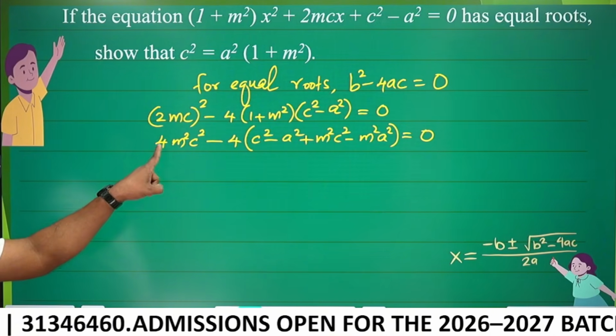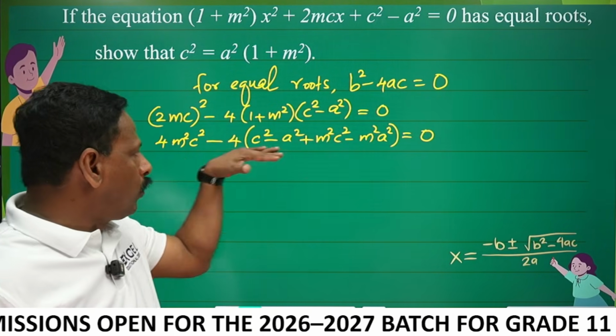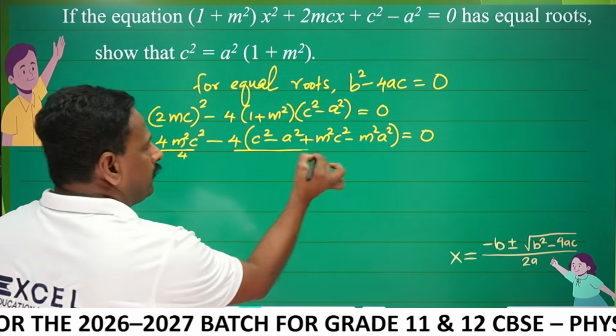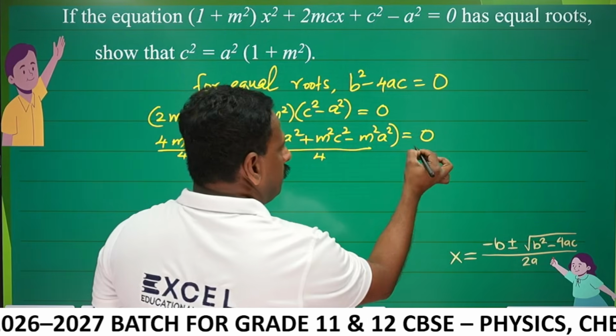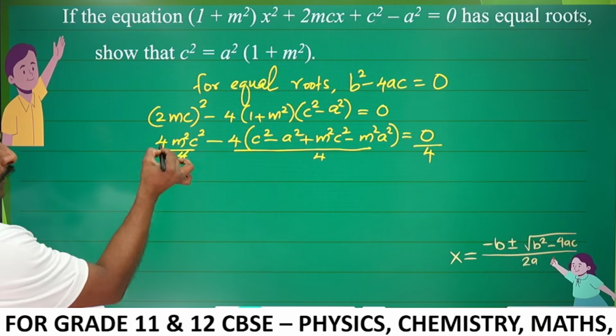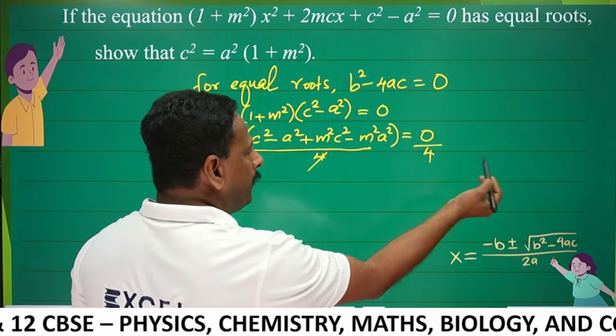So this term has 4, this term also has 4, and the right hand side is 0, so you can divide throughout by 4. So if you divide throughout by 4, you can see this 4 and 4 will get cancelled, 4 and 4 will get cancelled, and 0 by 4 will become 0.